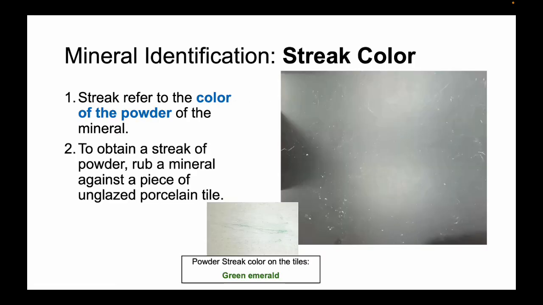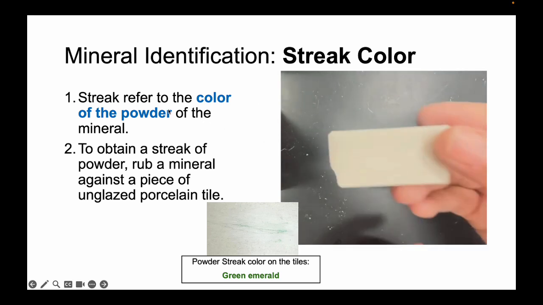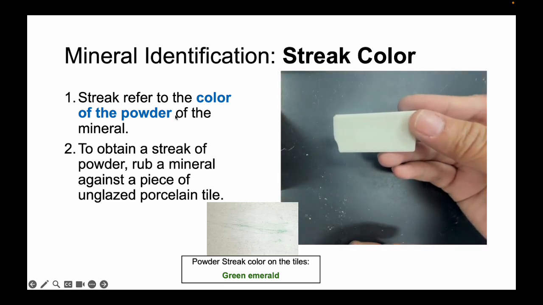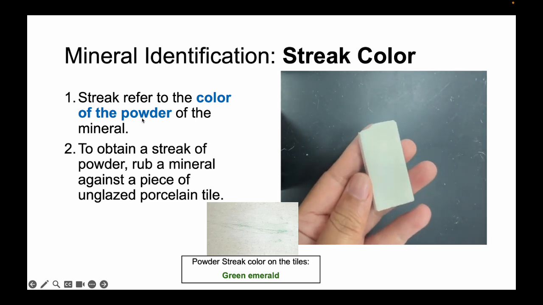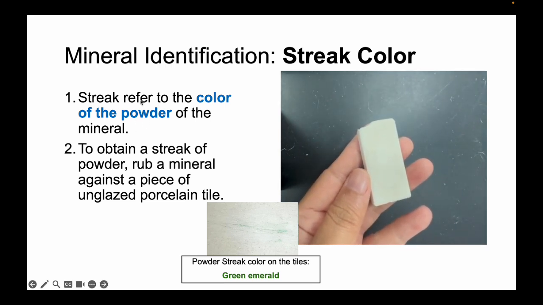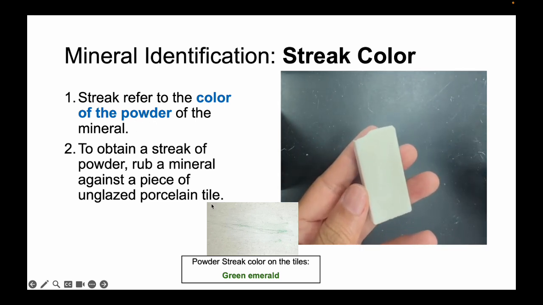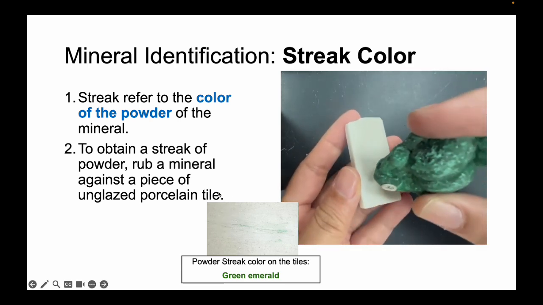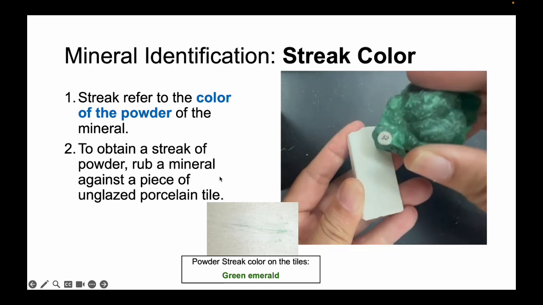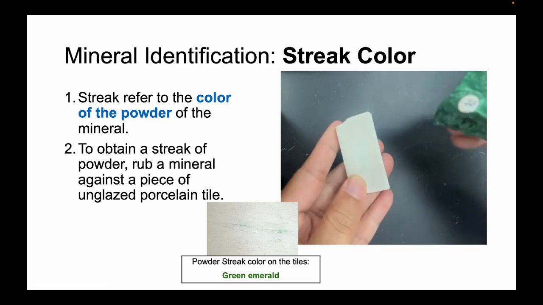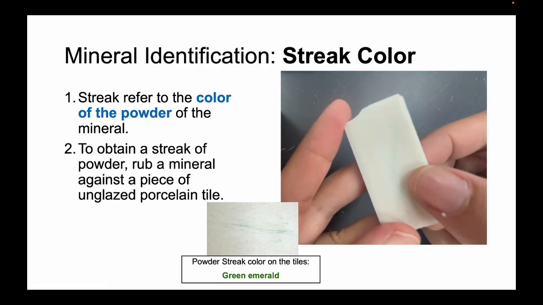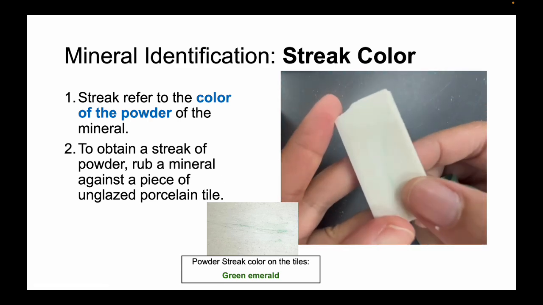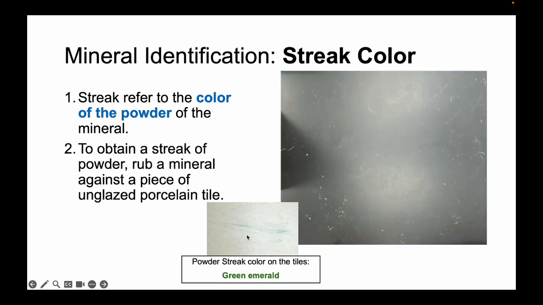Next, we have the streak color. The streak color refers to the color of the powder of the mineral. So how do we identify this characteristic? You will use the white tiles that come with the deluxe hardness pick set. You just rub the mineral against the white tile, and the streak color, or the streak powder, of the mineral will appear on the tile.